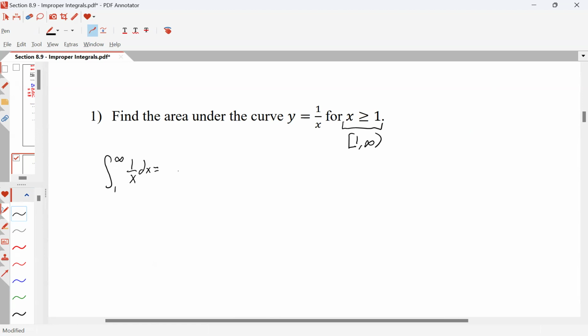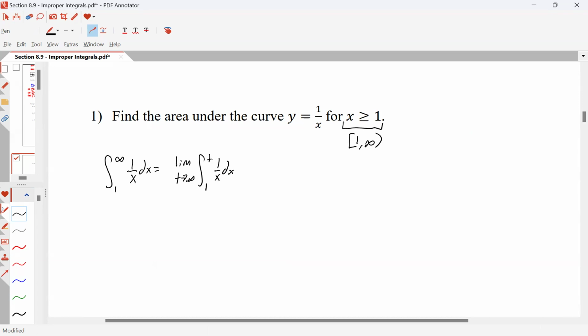First thing, for an improper integral, we have to turn it into a limit. To use the fundamental theorem of calculus, we need the bounds to be real, technically finite numbers. So we're going to switch out that infinity for a limit, and now we can just evaluate.